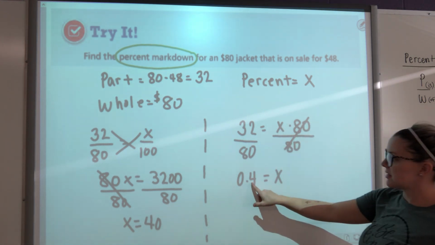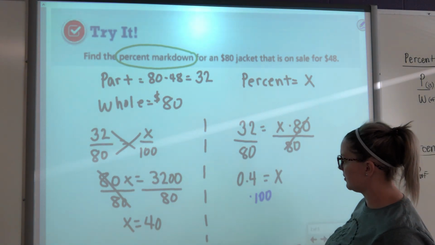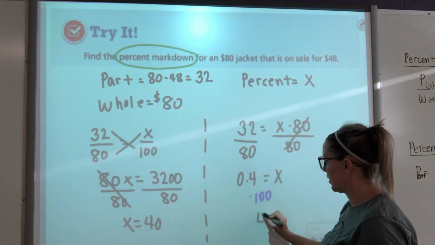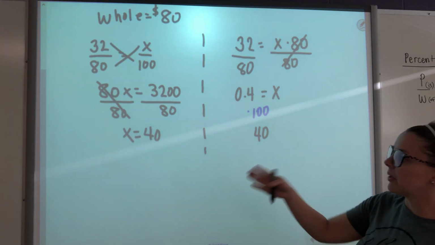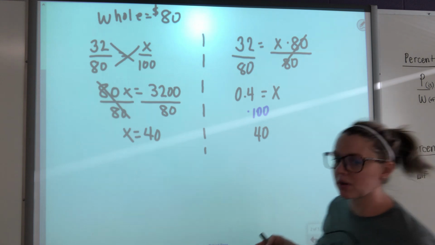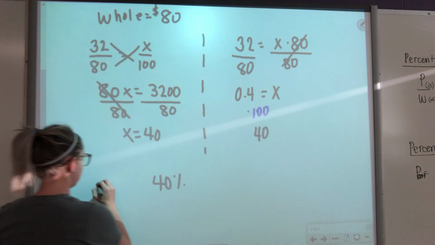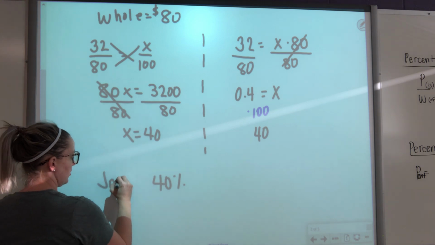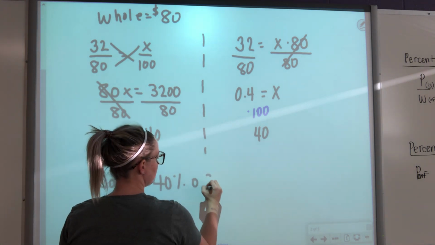So to change from a decimal to a percent, we multiply by 100. So we also get 40. So when we say 40, that's the question that we've just answered. So that means that the jacket is 40% off.